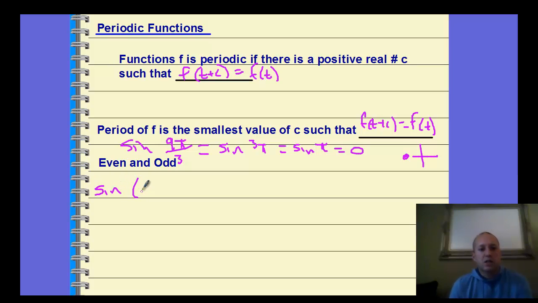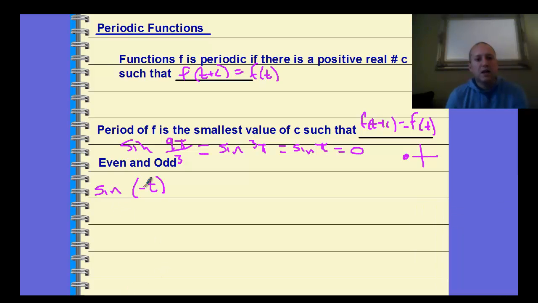Okay, even and odd functions, and we'll learn more about this when we start graphing. It looks at the negative angle. So the sine of negative t is equal to the negative sine t. Tangent of negative t is equal to the negative tangent t.